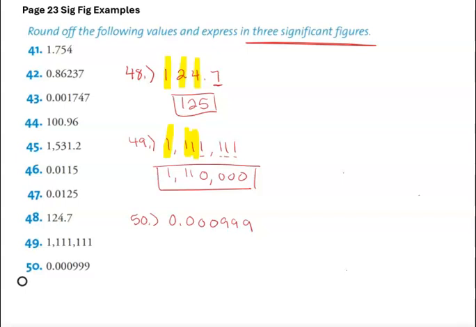So our last 3 nines are going to be our significant figures. And these zeros are just going to be placeholders. So 0.000, they're just going to be holding place for us. And then our 999 is going to be our significant figures.